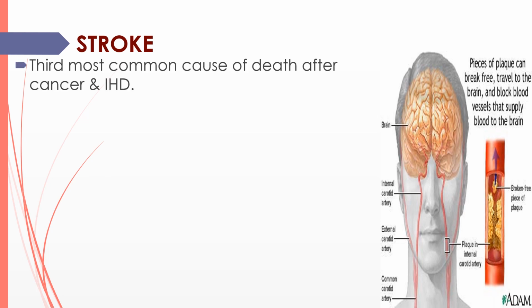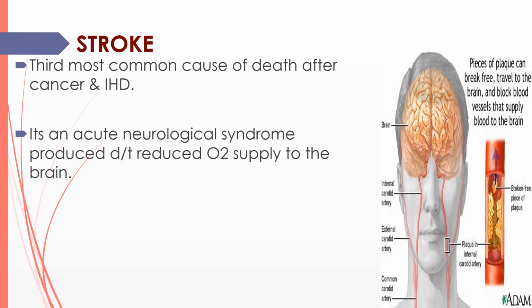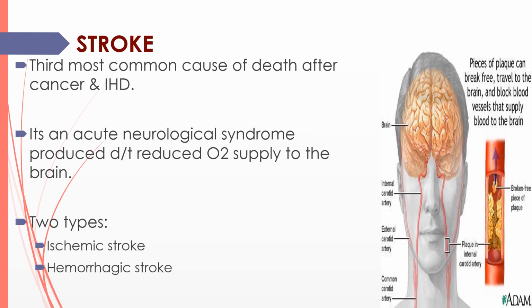Coming to stroke, this is the third most common cause of death after cancer and ischemic heart disease. It is an acute neurological syndrome produced by a reduced oxygen supply to the brain. There are two types: one is the ischemic stroke, another is the hemorrhagic stroke.